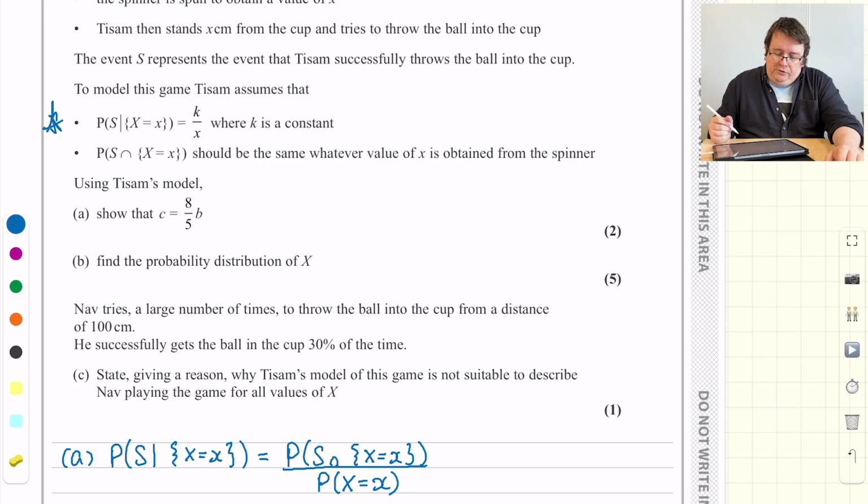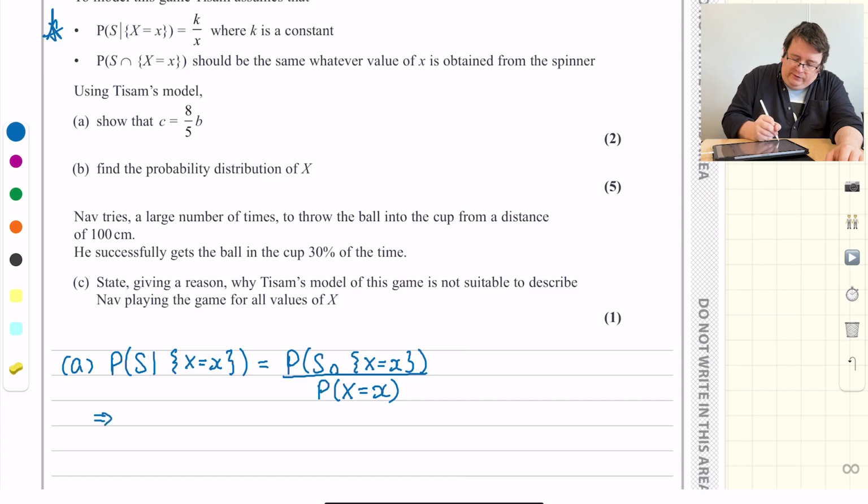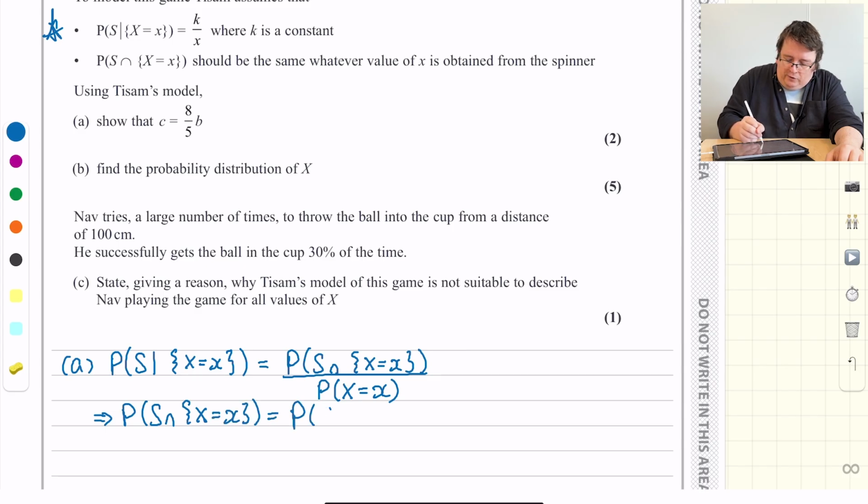Now, we're told that this numerator part is the same whatever value of x is obtained from the spinner. So you could rearrange this and then write the probability of S intersection x equals x is equal to the probability of S given that x is equal to x times the probability of x being equal to x.